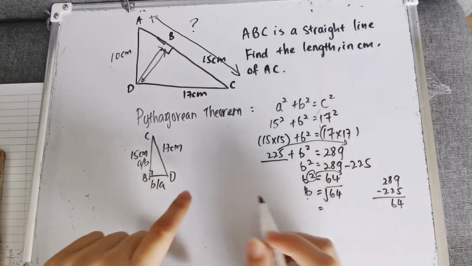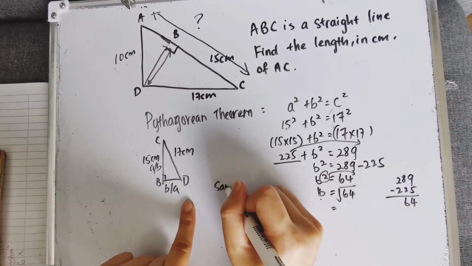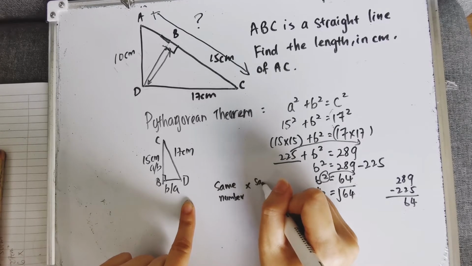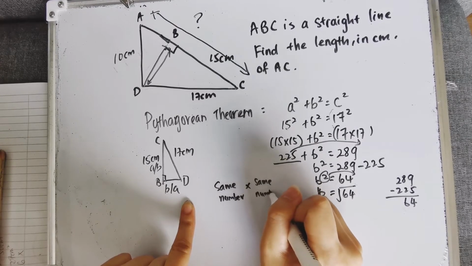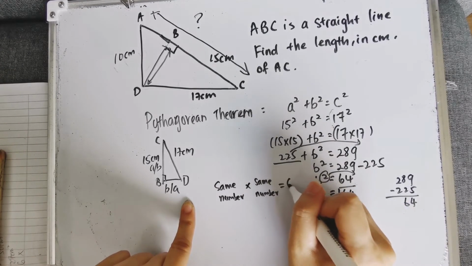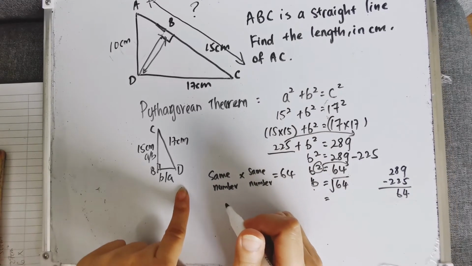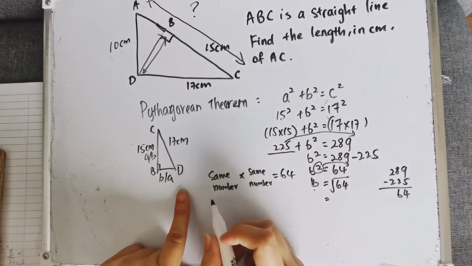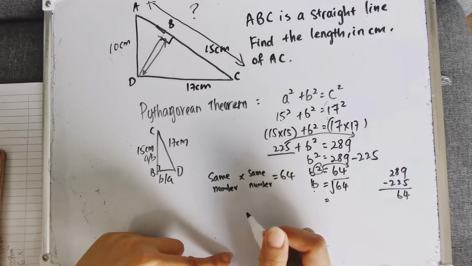So what number must be the same number times the same number becomes 64?